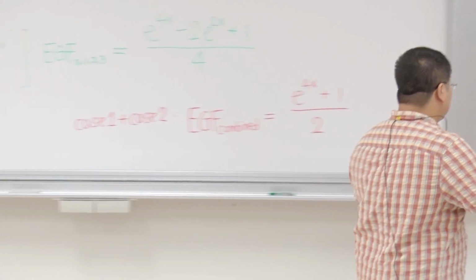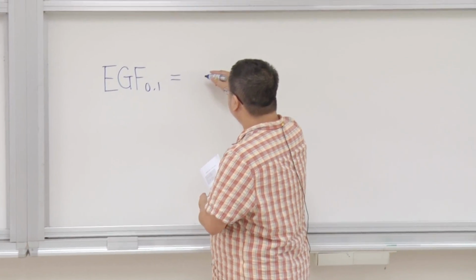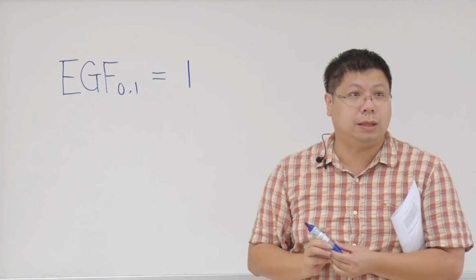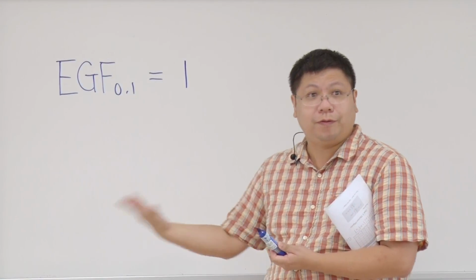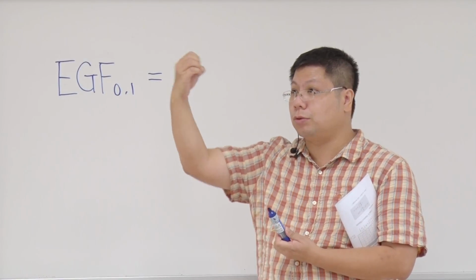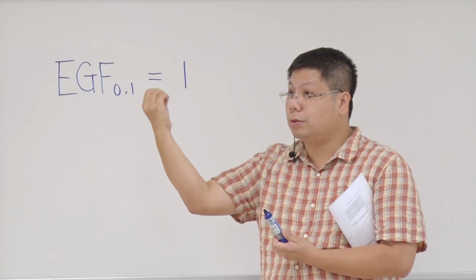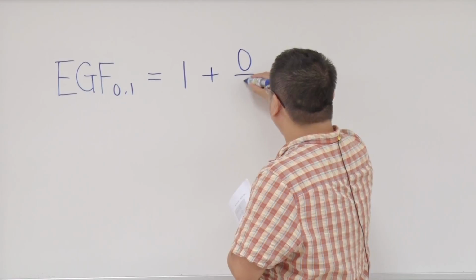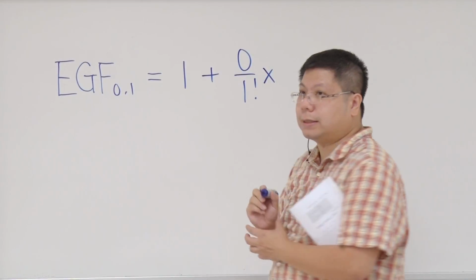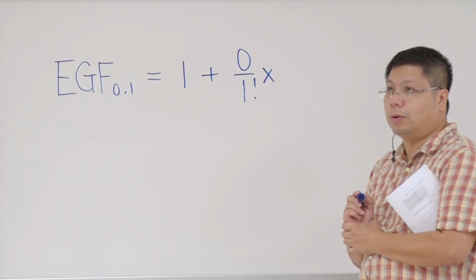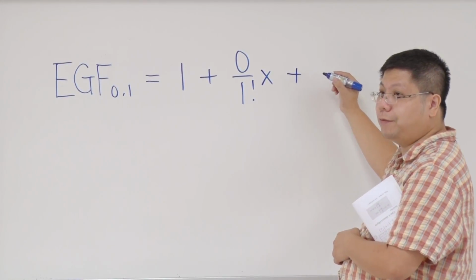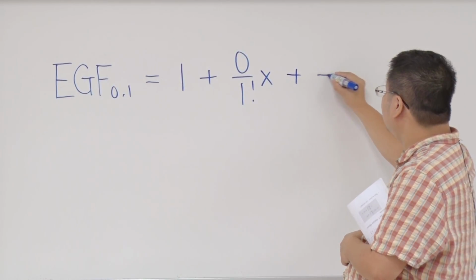So let's write down the EGF here. There is going to be one way to choose no 0, no 1. It is valid because no 0, no 1 means that the total length of 0 and 1 is 0. And then 0 ways to choose exactly 1, 0 or 1. How about length 2? How many ways are there?